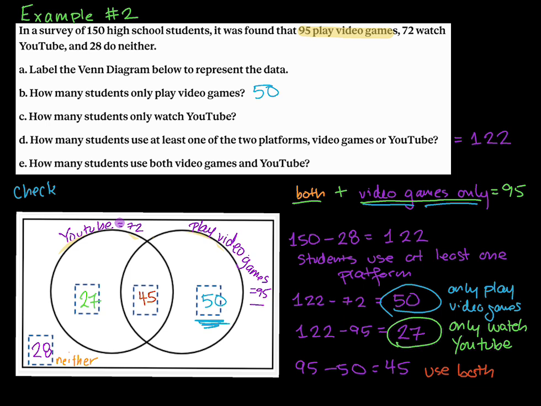So let's do 28 plus 27 plus 45 plus 50. We get 55 plus 45 is 100 plus 50. That is 150. Right, so we are good.